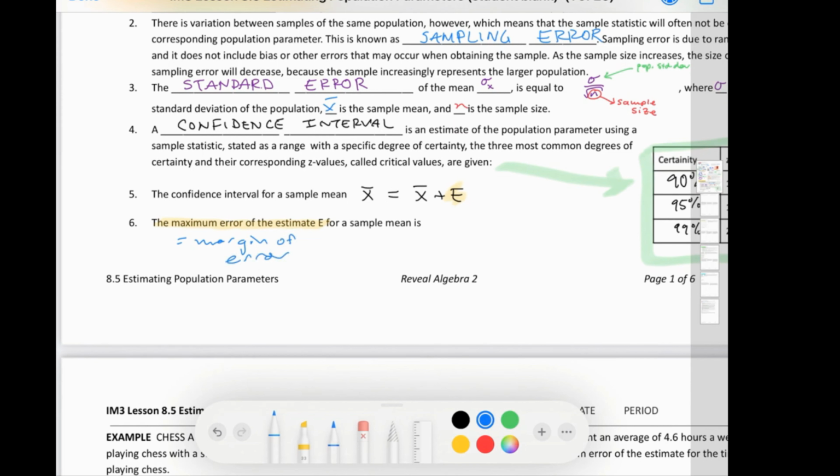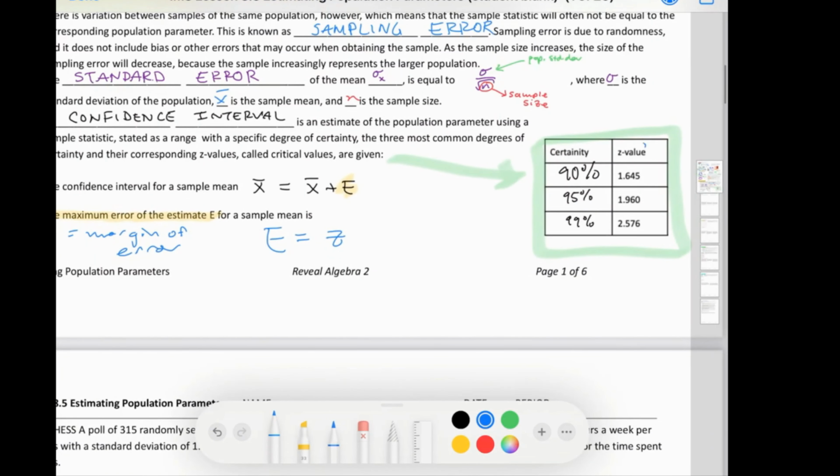We basically have this formula for the margin of error. E, which is the margin of error or maximum error, is equal to z, a z-value from over here, times s over the square root of n.